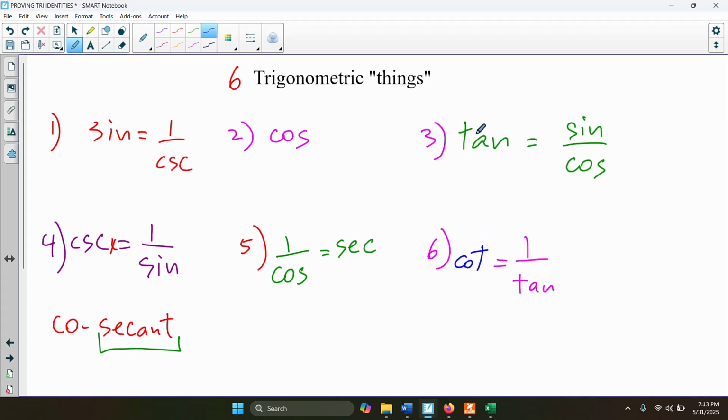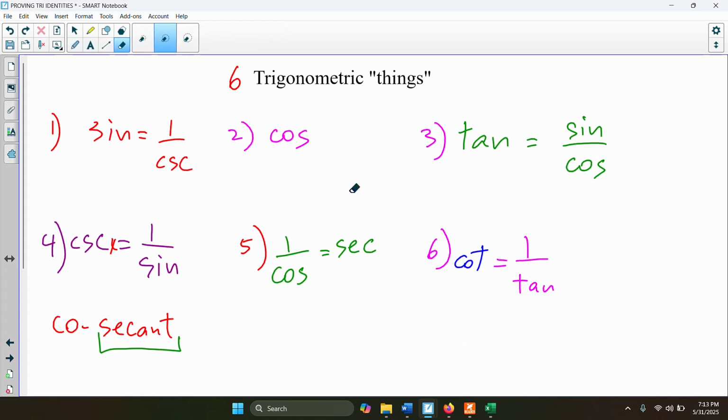Again, from the word tangent, it's a co. The prefix co, just like cosine, cosecant, cotangent, right? Followed by tangent. Okay, misspelled, I can ignore that.